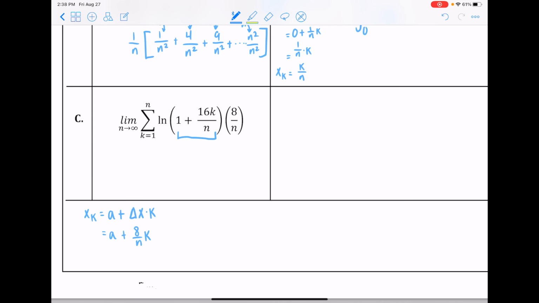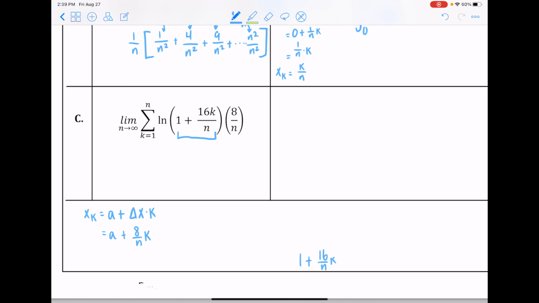And what's happening here is that you've got a plus 8 over n times k, and we're doing something to that. We just don't know what a is. We're going to figure it out here in a minute. We're doing something to that, and we're finishing with 1 plus 16k over n. So the question is, what does that a need to be for this to turn out to be 1 plus 16 over n times k?